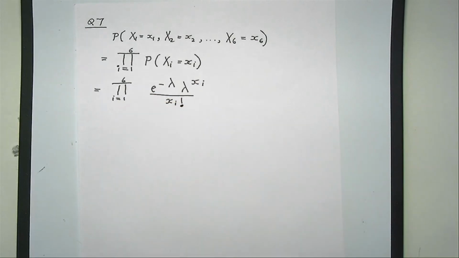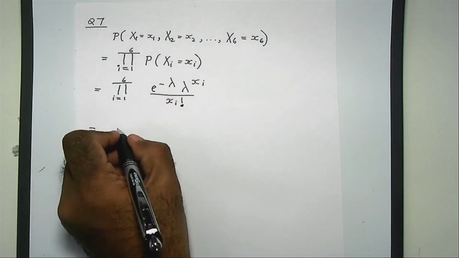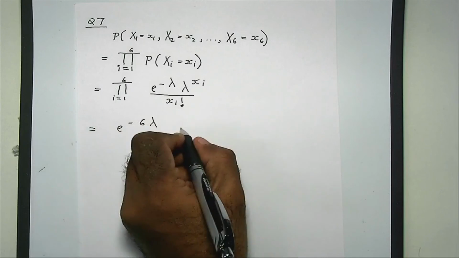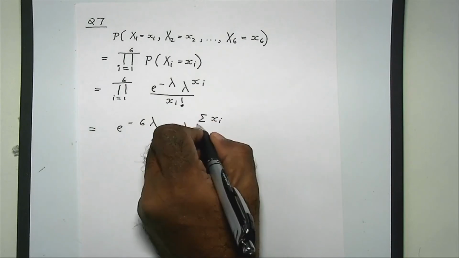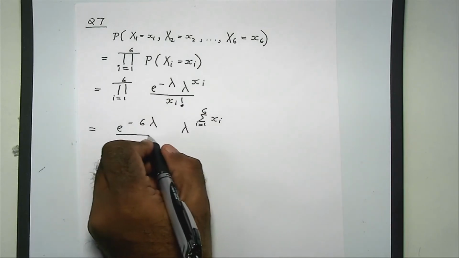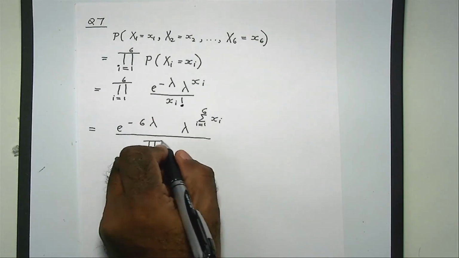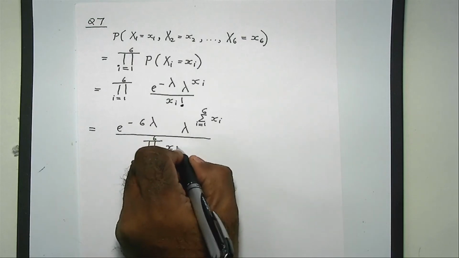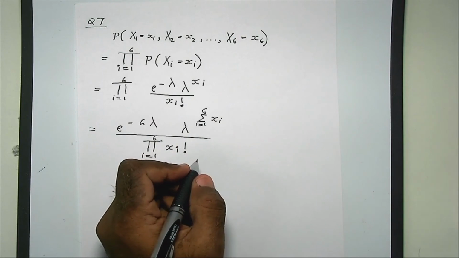Now you take the product of this from 1 to 6, so you get e to the minus 6 lambda, lambda to the power sum of xi from 1 to 6, and then you divide by the product from 1 to 6 of xi factorial.